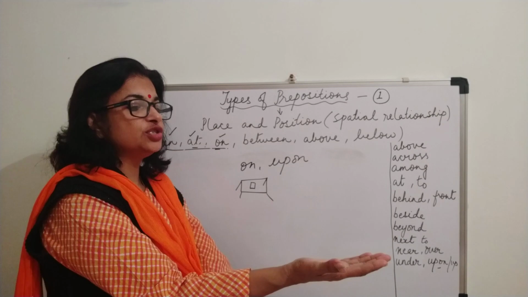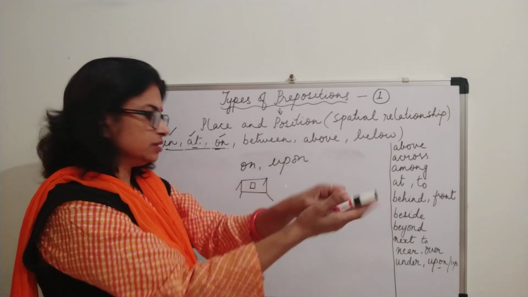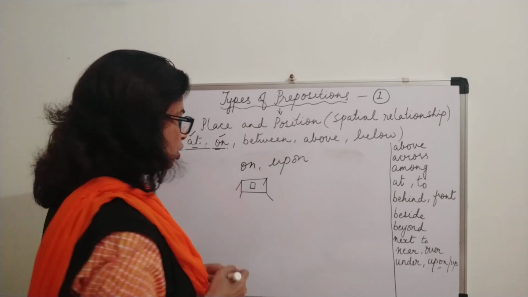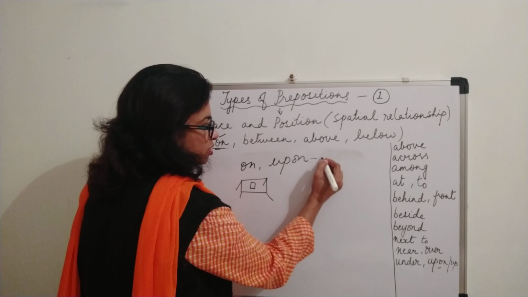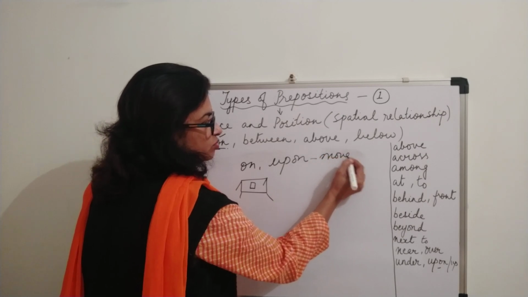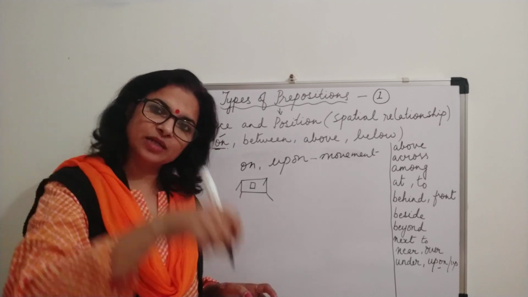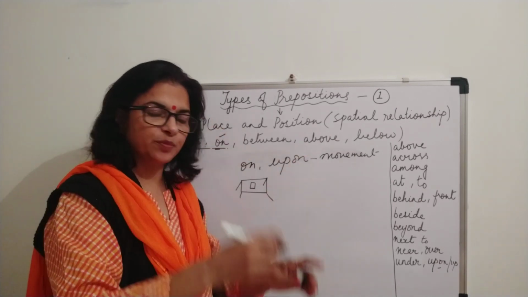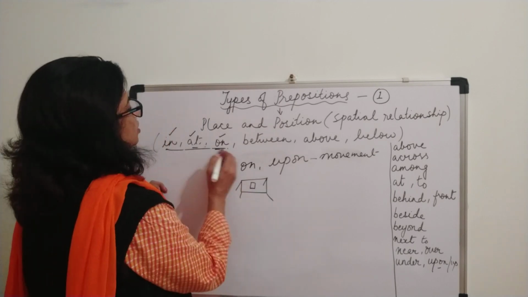The cat jumped upon the table. So there's a movement in upon. So on, there is no movement, and in upon there is a movement. The cat jumped upon the table. So you can see jumped upon the table, isn't it? So all these three.